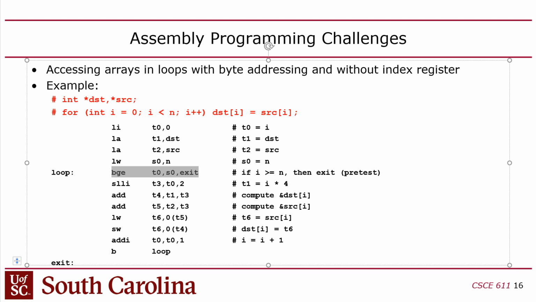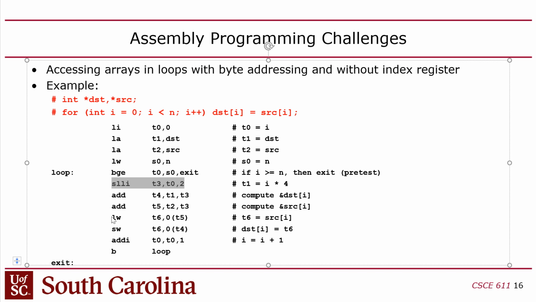The next thing you do in the loop is shift I by 2 bits to the left. That multiplies it by 4, which is converting the value of I into the number of bytes required to hold I words. Note that we could have used a multiply instruction for this, but there's no multiply immediate. So this would have again required more instructions to set up the constant of 4 in another register, so I just simplified that by using a shift to multiply.